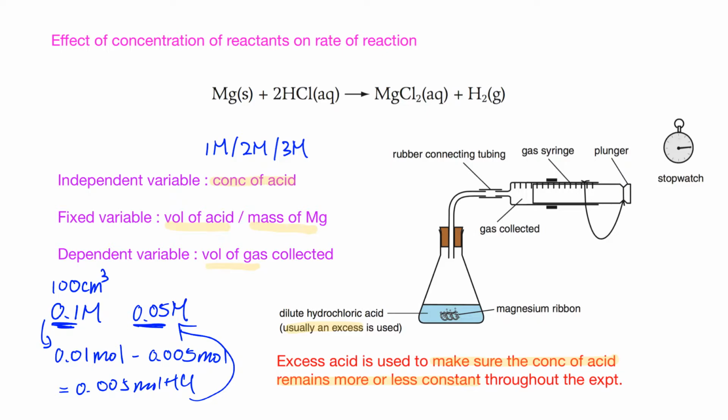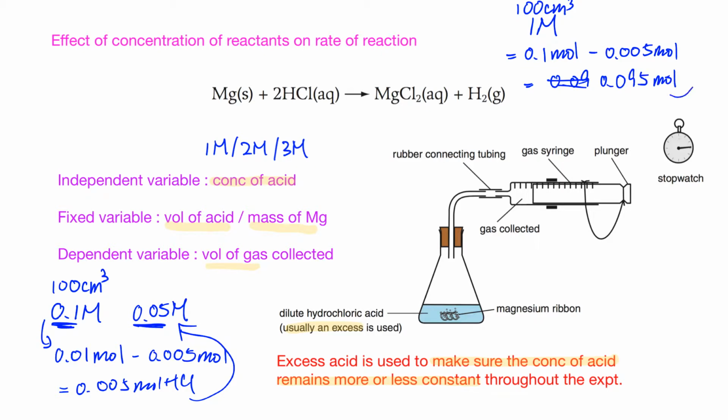Is that right? But if I change the molarity this time to 1 M, what happens next? If I have 1 M this time, and still 100 cm³, this will become 0.1 mole. If in the process I also use 0.05 mole here, the remaining number of moles of HCl will be 0.095 mole.